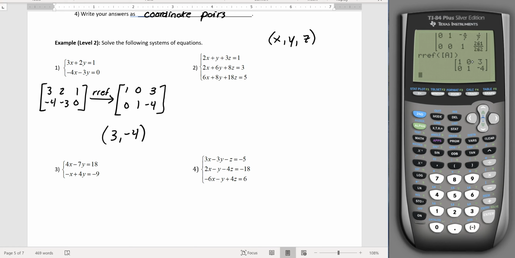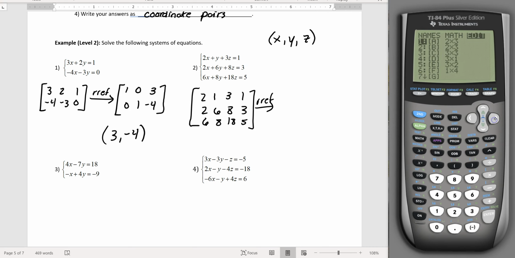So first step, augmented matrix. So 2, 1, 3, 1, 2, 6, 8, 3, 6, 8, 18, 5. Let's type that into our calculator. So I'm going to second matrix, edit matrix A, turn it into a 3 by 4.